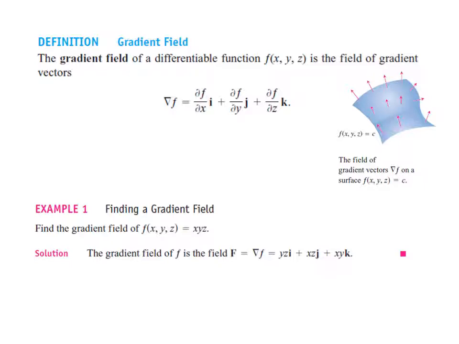Dou f by dou y is equal to xz, y differentiation 1, and dou f by dou z is equal to xy, z differentiation 1. So the gradient of f can be written as yz into i cap plus xz into j cap plus xy into k cap, where the gradient of f is the vector field, but f is a scalar function.